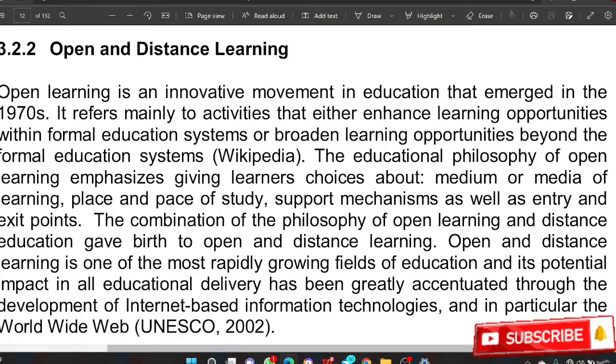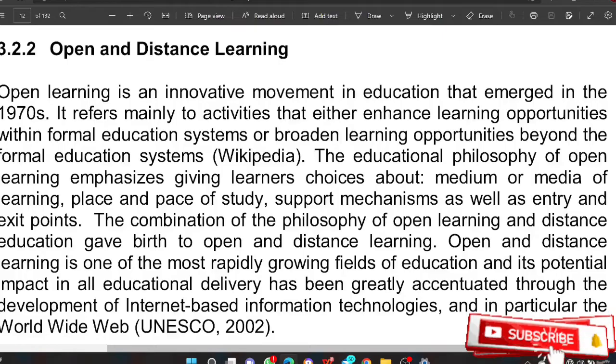It refers mainly to activities that either enhance learning opportunities within the formal education system or broaden learning opportunities beyond the formal education system, says Wikipedia. The educational philosophy of open learning emphasizes giving learners choices about medium or media of learning, place and pace of study, as well as entry and exit points.